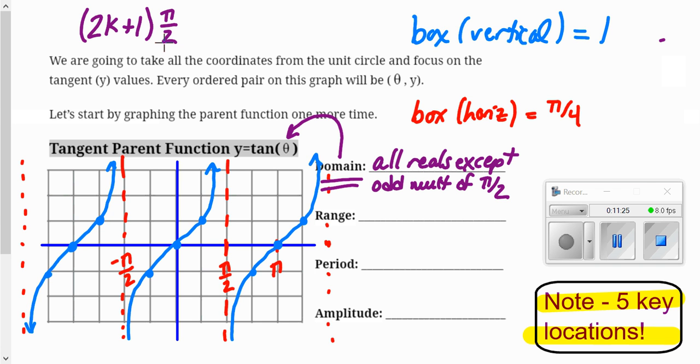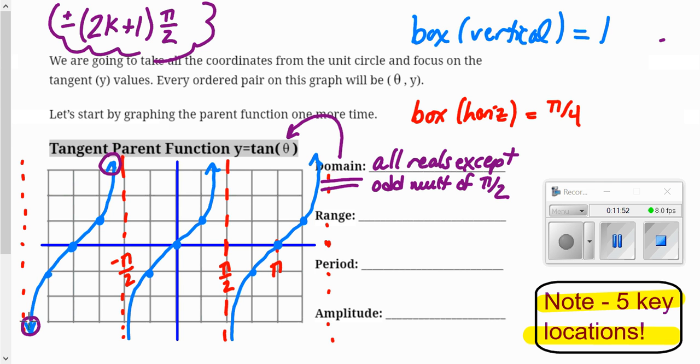So you might see something like this, especially if you're looking online for other materials on your own, okay? That's a way to say odd multiples of pi over 2. And you could even put in a plus or minus here just to say you can go around the unit circle either direction. If you hit those odd multiples of pi over 2, those are going to be your asymptotes, okay?